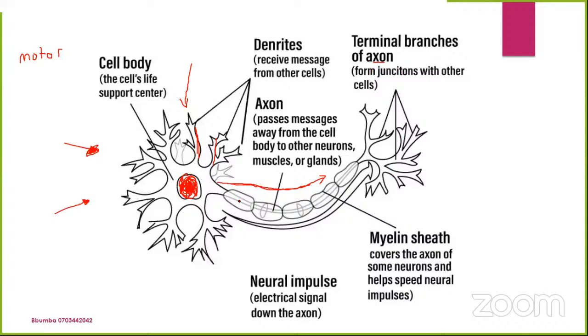Along the nerve cell, along the axon, there is a layer of fatty tissue, which we call the myelin sheath. This is the myelin sheath, and it is being labeled there. It covers the axon of some neurons and enables speeding up of transmission of the impulses.